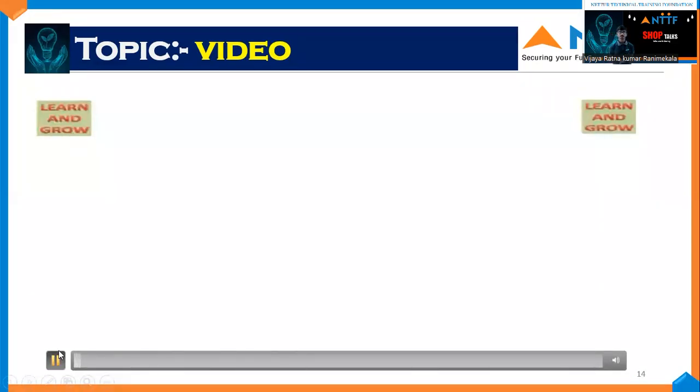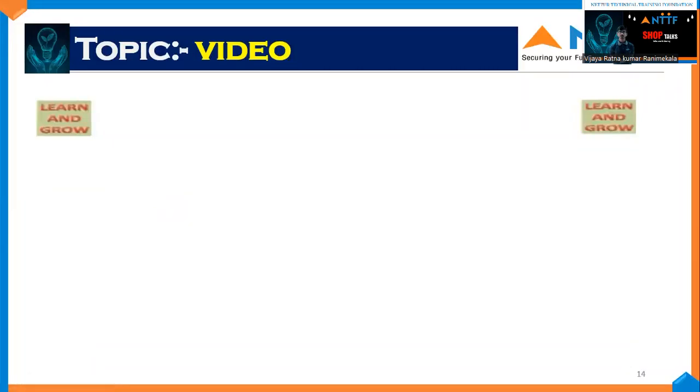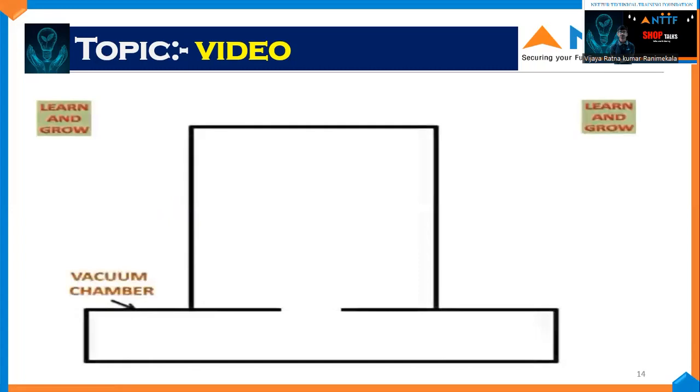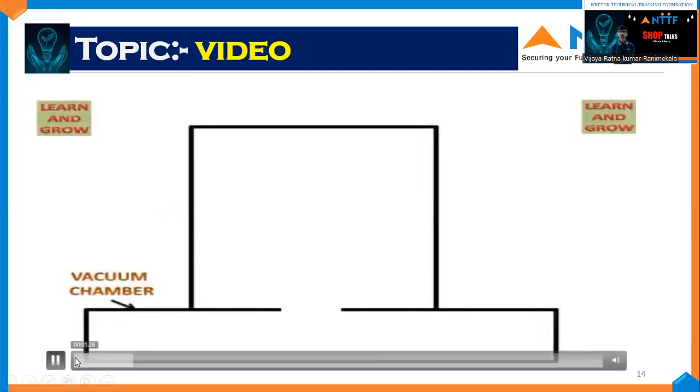Today we will discuss electron beam machining, how electron beam machining works and what the parts of the electron beam machining are. Firstly, the parts of the electron beam machining. We have a vacuum chamber in which the whole process is carried out, because air will not interrupt in this vacuum chamber, so losing of the velocity of the electron will not occur.